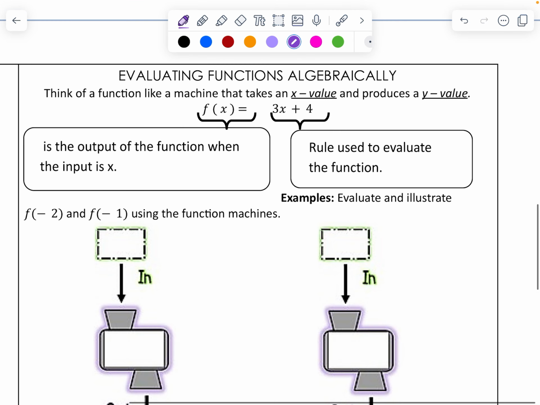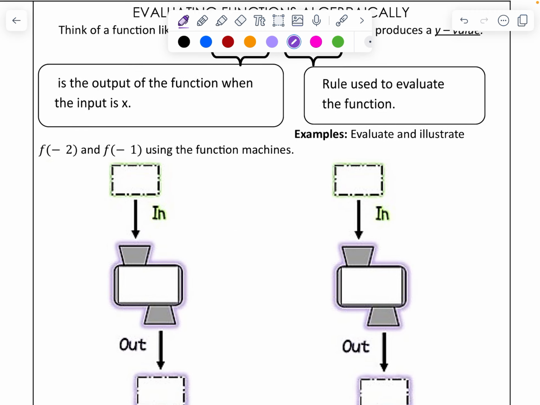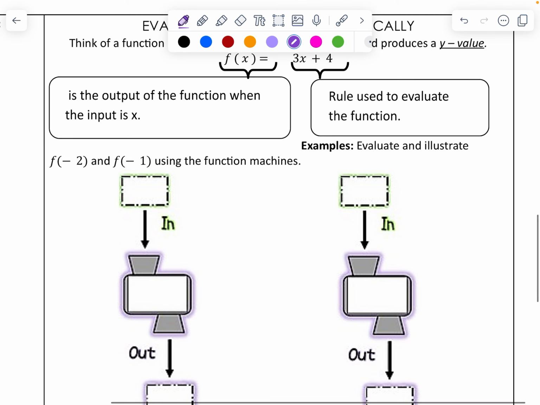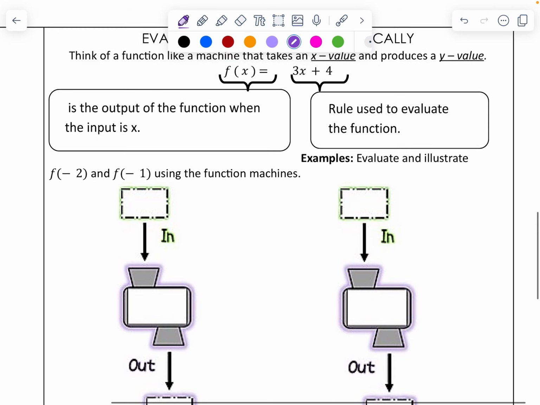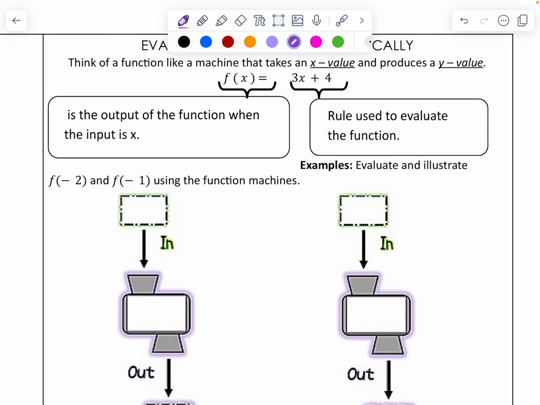So think of a function like a machine that takes an x value and produces a y value. So this is where input and output come in, and we're going to give you a little illustration for that. So f of x is the output of the function when the input is x. 3x plus 4 is going to be the rule that we use to evaluate the function. So think of it as a machine.